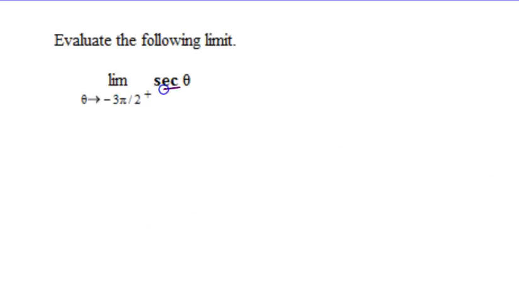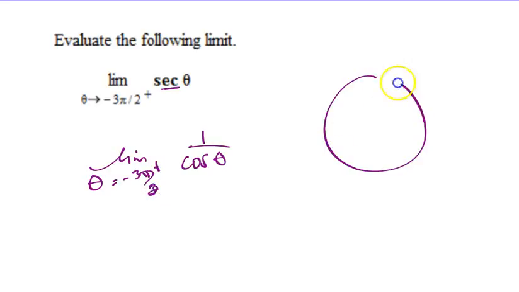Evaluate the secant. I would do the same thing. I would change this to 1 over cosine. And let's find negative 3 pi over 2 on my unit circle. Negative pi over 2, negative pi, negative 3 pi over 2.